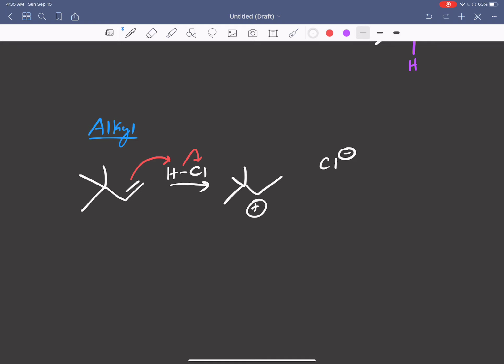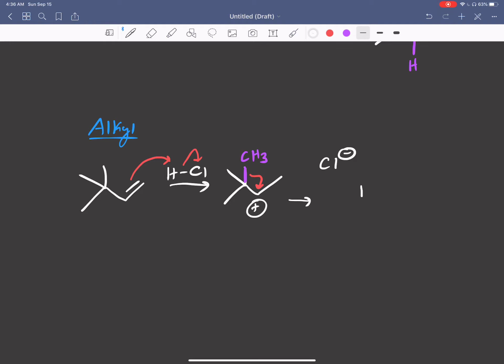Well, again, remember the principal concept that we're only going to rearrange if we can form a more stable carbocation, okay? And so what I'm going to do is pick one of the methyl groups. It doesn't matter. And I'm going to just draw over it CH3. And the arrow is going to be the exact same thing. The electrons from the bond are going to come in and attack that carbocation.